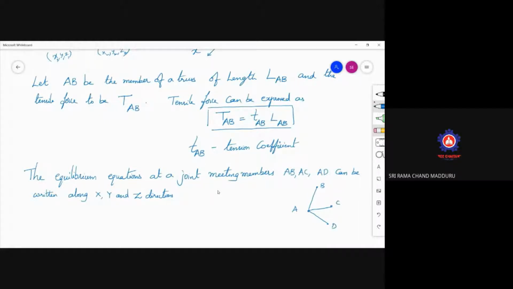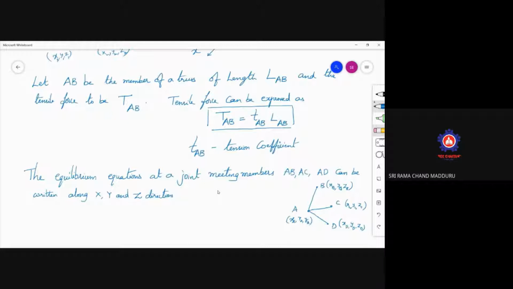Now joint A has coordinates in space XA, YA, ZA, whereas D is XD, YD, ZD, C is XC, YC, ZC, and B is XB, YB, ZB.